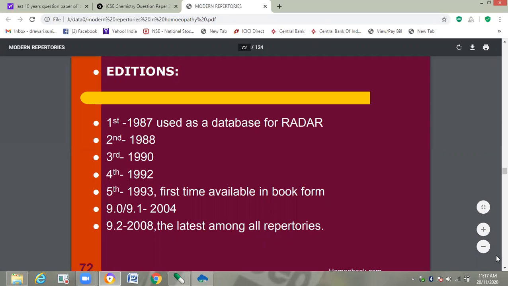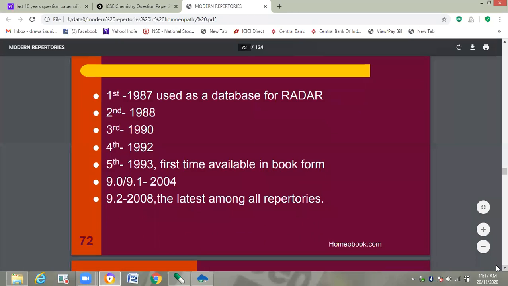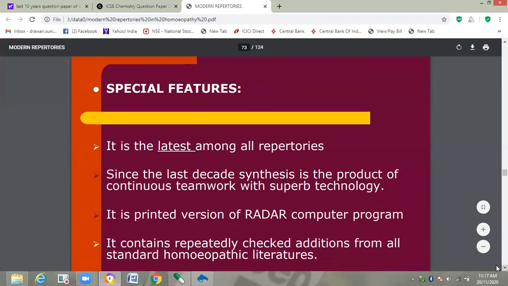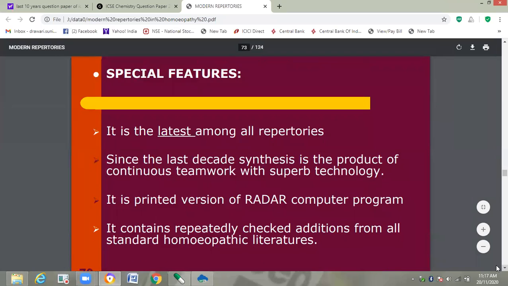Synthesis, as we all know, is a special and great contribution to the homeopathic profession because of its special features. Which are these special features? We study one by one.